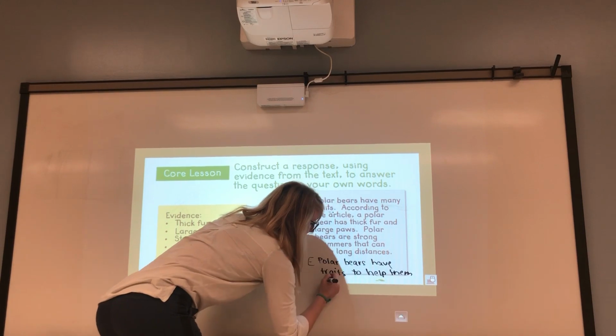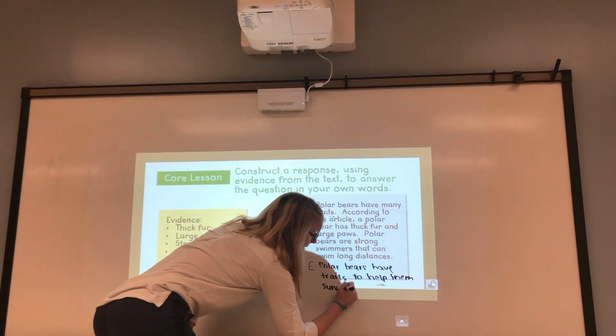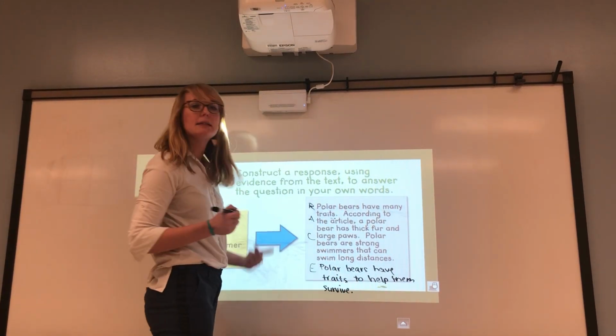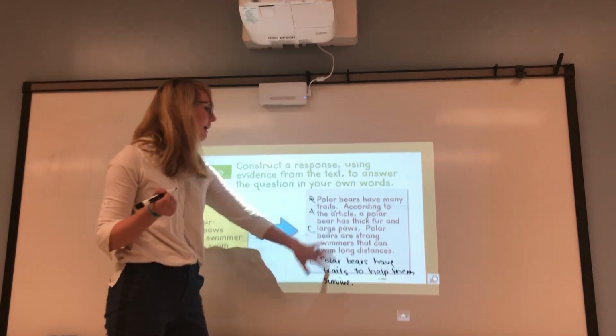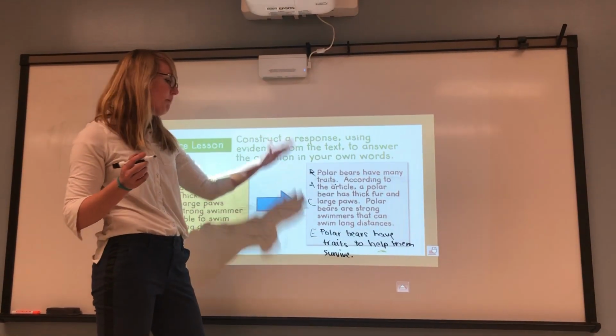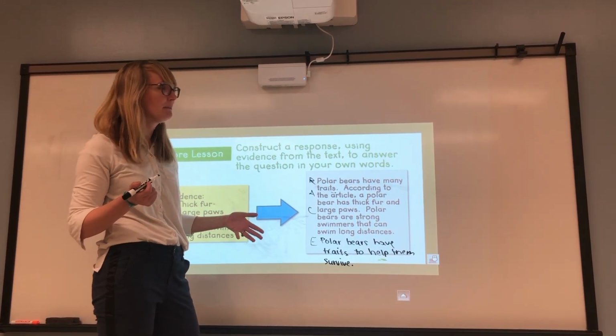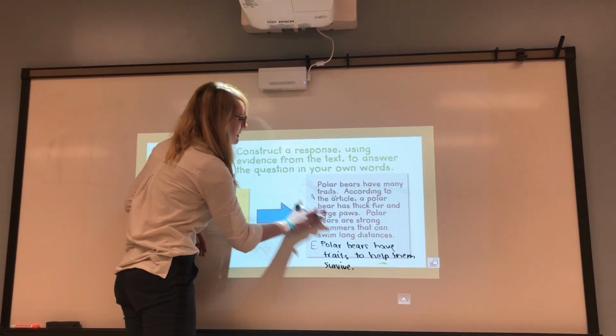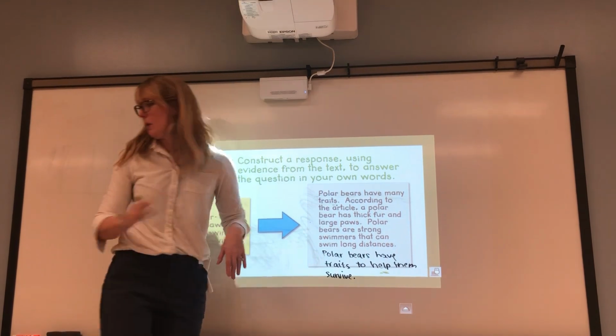Here's the truth. Every single plant and animal has traits that help them survive. Now I have further explained, wrapped it up, tied a bow on it, and given a perfect, or nearly perfect, constructed response.